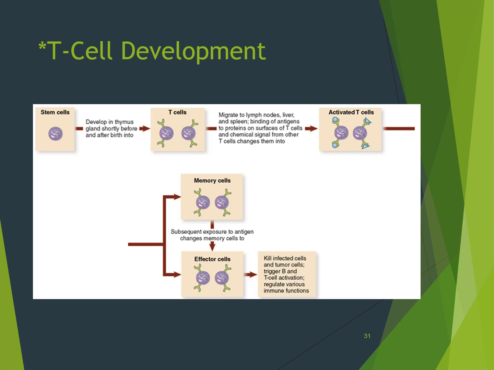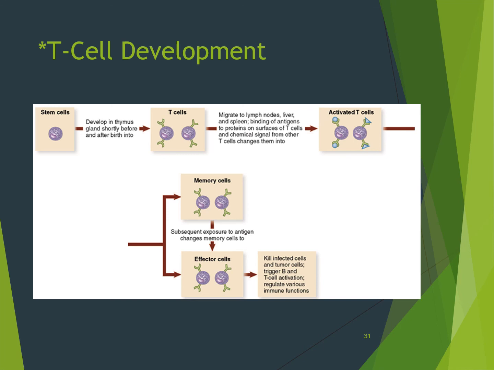While B cells focus on extracellular invaders, a good example being a parasite or a bacteria, T cells focus on intracellular invaders, and a good example of an intracellular invader is a virus. Remember, viruses enter the host cell, take over its machinery, and use it to do their dirty work.